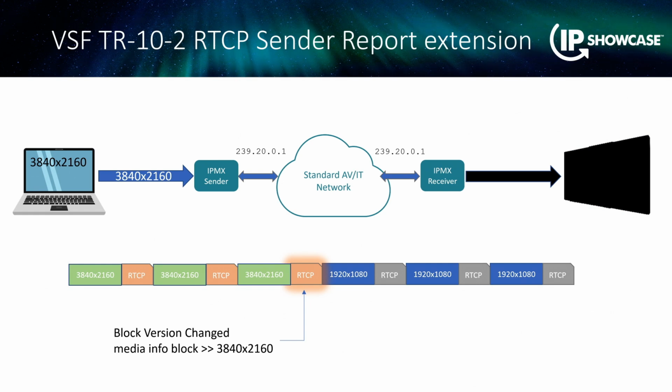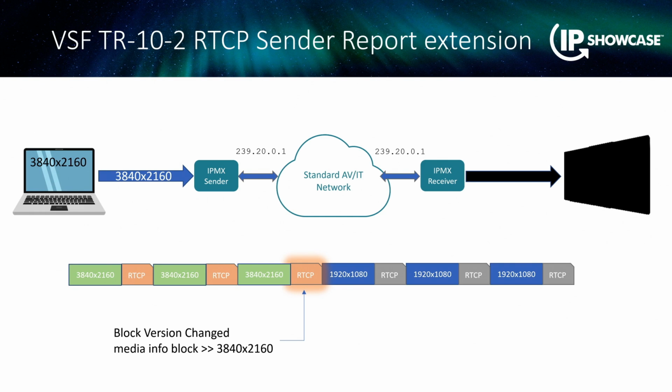I am now outputting a UHD signal onto the network. The RTCP sender reports are sent right before every new frame of video. I painted gray the RTCP sender reports corresponding to 1080, and in orange, the RTCP sender reports that correspond to UHD.